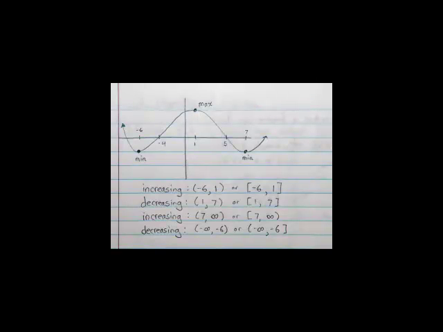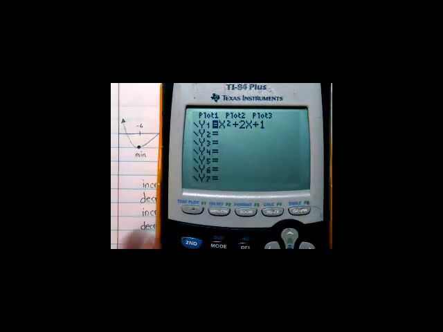And we'll do one that's fairly simple here. We'll just have like one increasing interval and one decreasing. Okay, so I'd like you to graph that function for me. X squared plus 2x plus 1. We're going to just do a parabola.